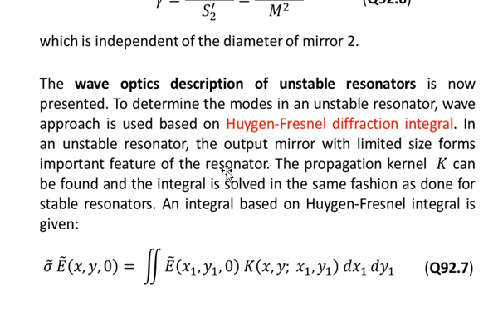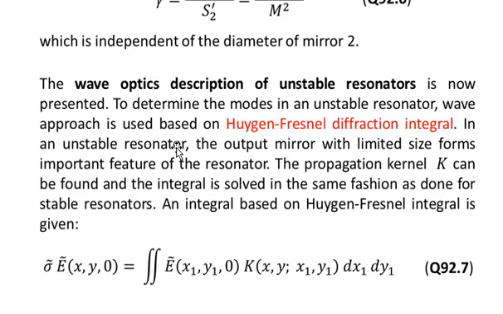Now we are moving forward, and the wave optics description of the unstable resonator is presented. To determine the modes in an unstable resonator, the wave approach uses the Huygens-Fresnel diffraction integral. We also presented the Huygens-Fresnel diffraction integral when we were dealing with stable resonators, so look at the previous presentations on stable resonators, where you can find it.